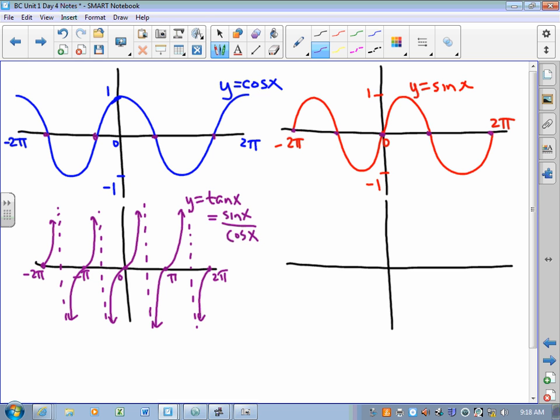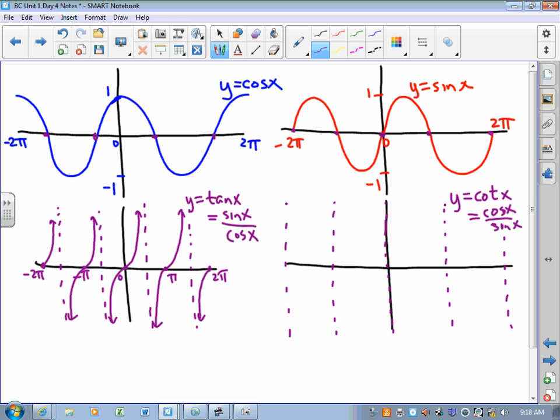Likewise, the cotan graph. The cotan graph, that's cosine x over sine x. So everywhere the sine graph is 0, the cotan graph has an asymptote. That happens every pi.